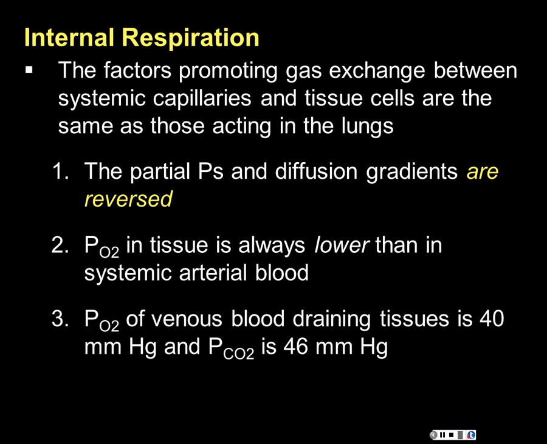What questions do you have about these partial pressure gradients that push the gases where they need to go? Everybody comfortable with the concept? I want oxygen in my tissues, so the pressure should be lower in my tissues than in my blood, than in my lungs, than in the atmosphere.